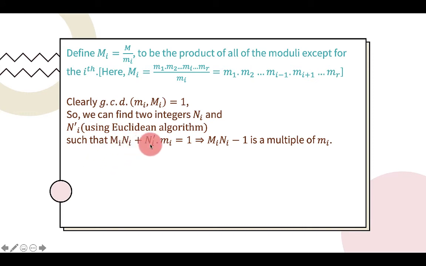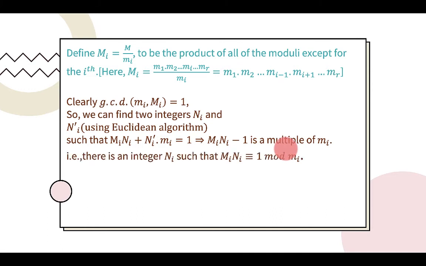From this relation, we get the result that mi times Ni minus 1 is a multiple of small mi, which implies that Mi times Ni is congruent to 1 modulo small mi.